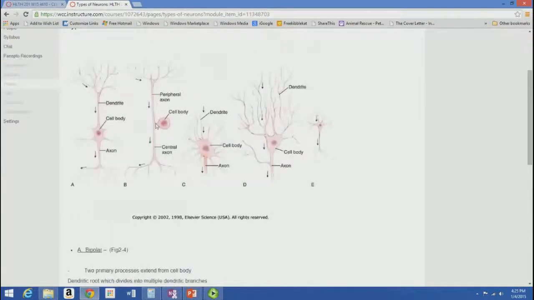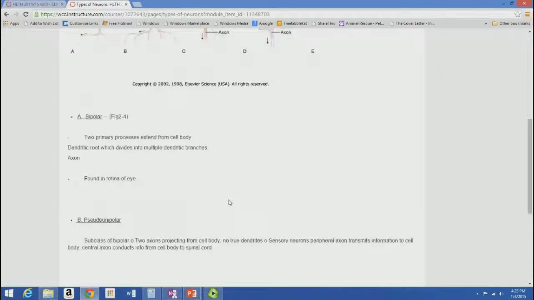So even though it pretty much looks a lot like the other ones, the fact that they're both axons and there really are no true dendrites, that's the main difference. But of course there are going to be other axons synapsing all over this thing and then causing the information to go out in different directions.